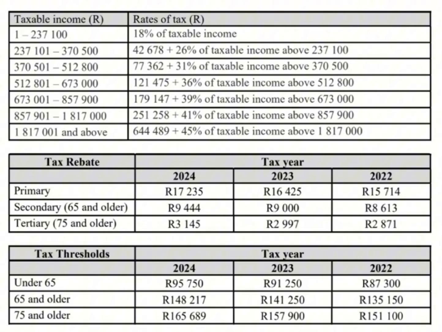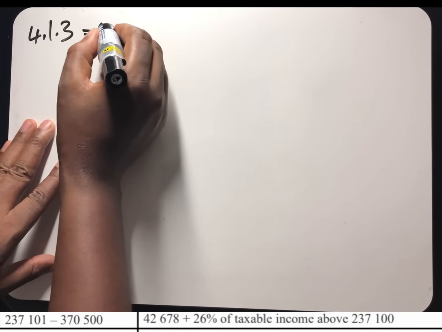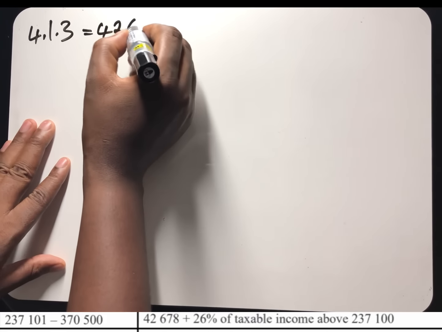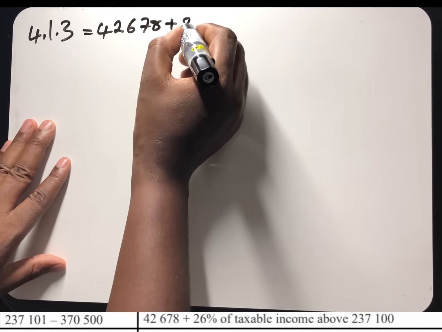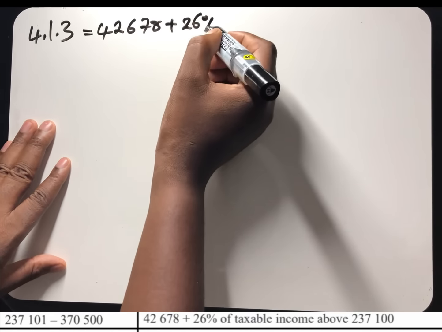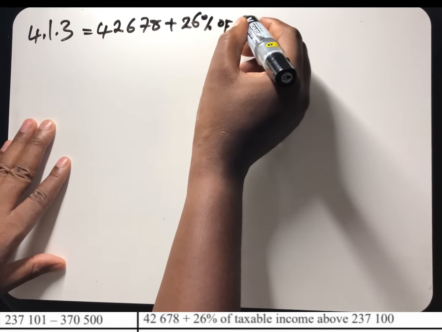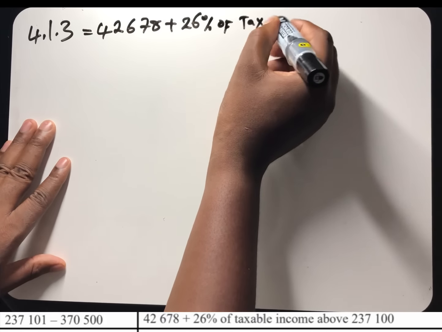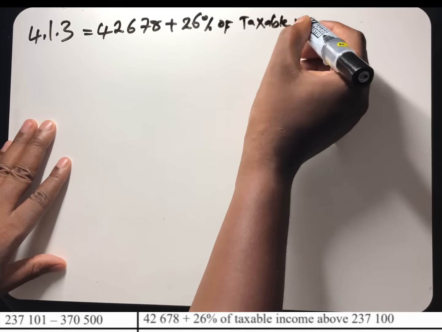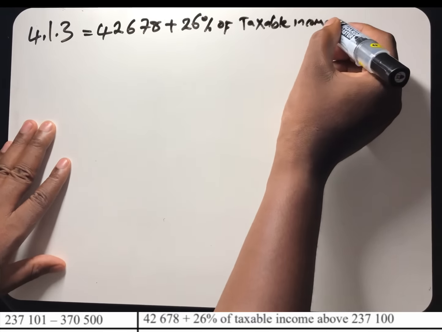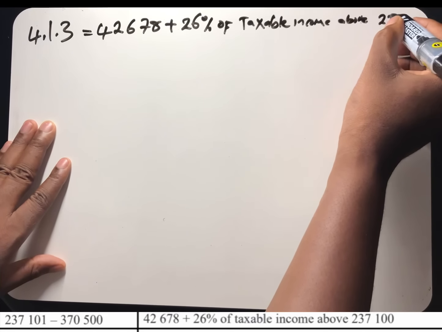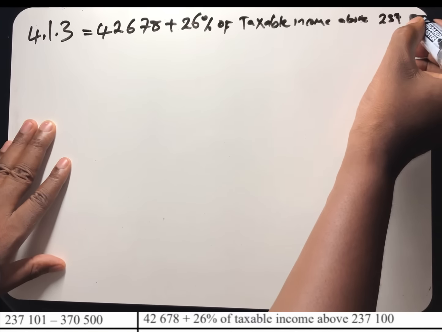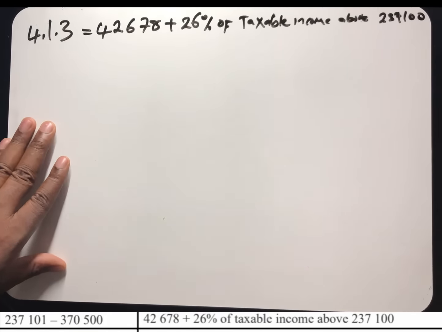That is our first step. If you look at tax bracket number 2, it is written as R42,678 plus 26% of taxable income above R237,100.